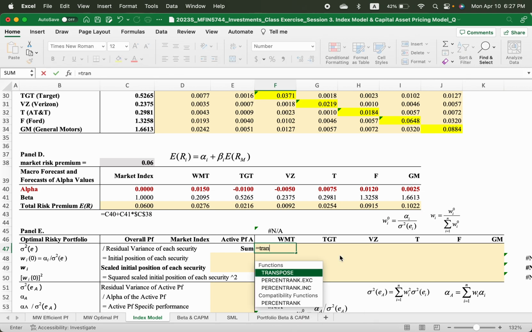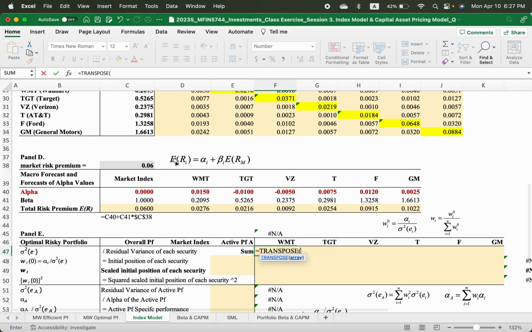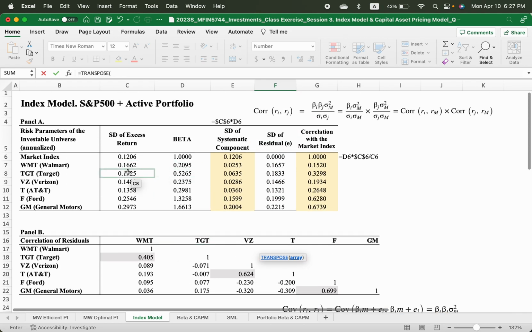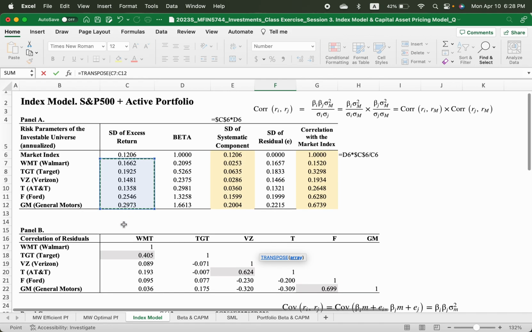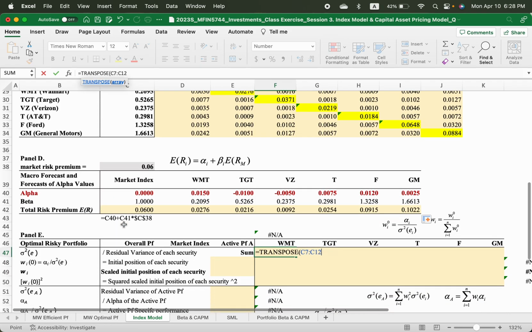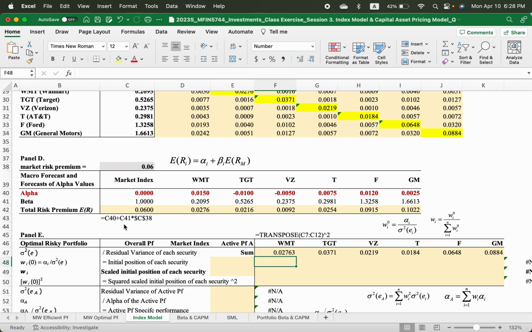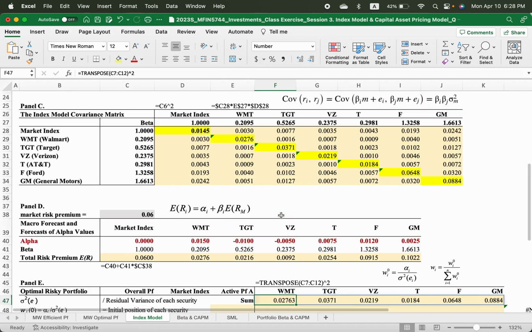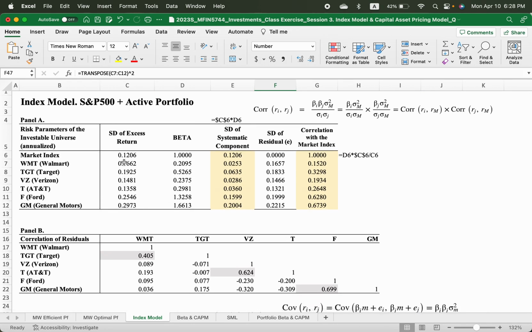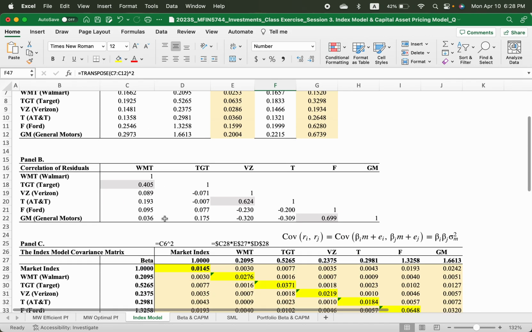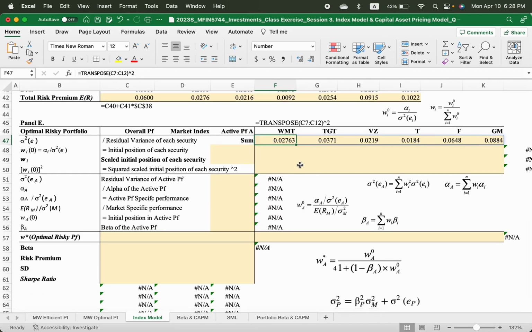Right, transpose. Please be careful, what we are collecting is only the active portfolio securities. Be careful, do not include the market index. So once you scale, now all these numbers are the standard deviation to the power of 2 from Walmart.